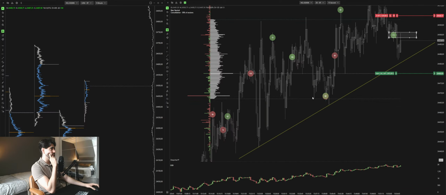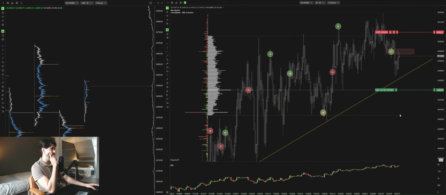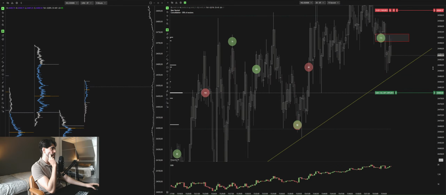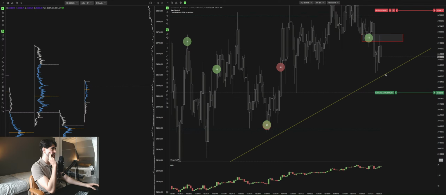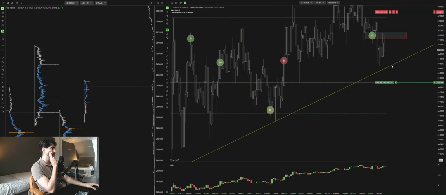Oh my days, bro. If this doesn't hold now, it's gonna go all the way up. I'm waiting for the touch. The trend line. Big boy touch.